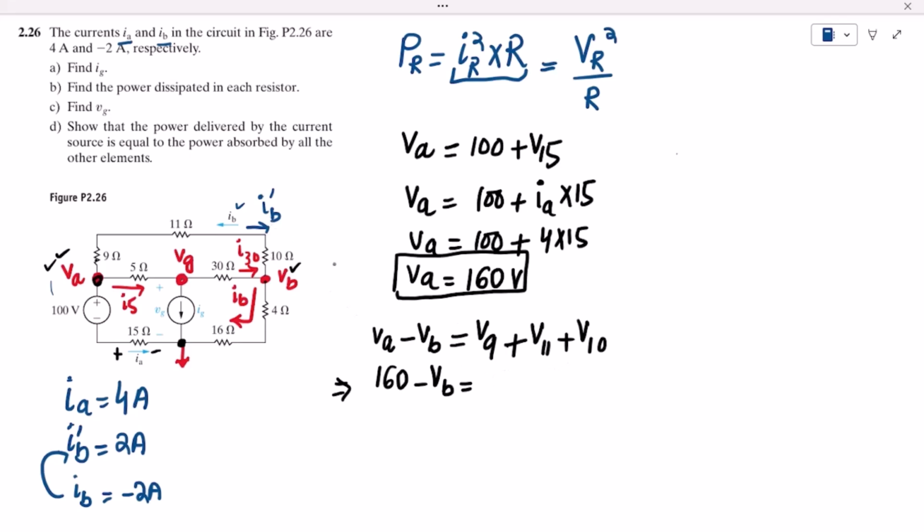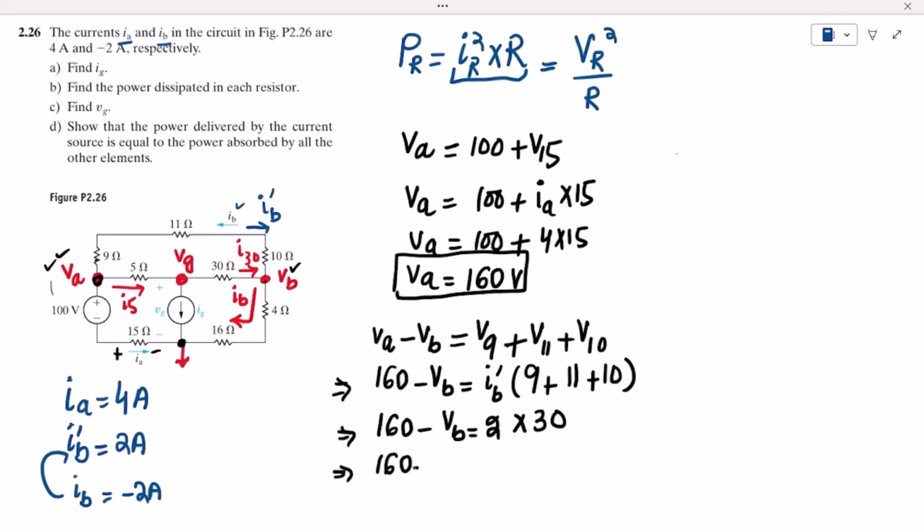So I_B prime is common between all of them, and the values of the resistors are added by applying Ohm's law: 9 plus 11 plus 10. So 160 minus VB equals I_B prime, which is 2, multiplied by 30. So 160 minus VB is equal to 60.